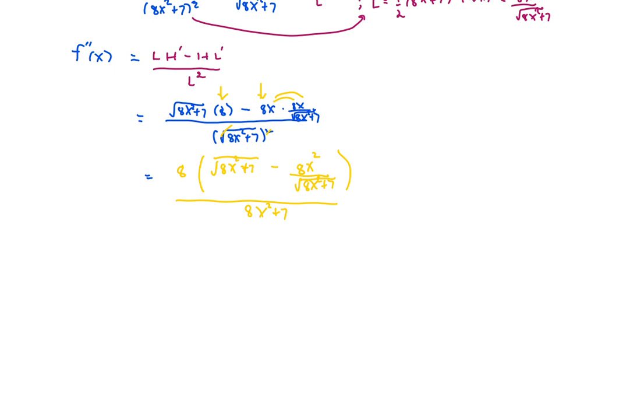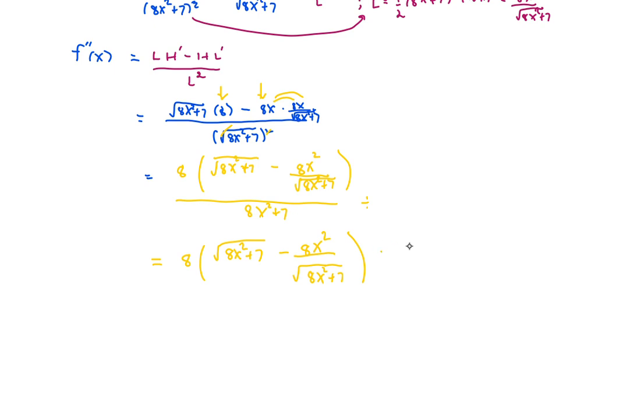Then we're going to use a property in algebra to simplify it further. When you divide, that means multiply by the reciprocal, so we write the numerator as 8 times the quantity square root of 8x squared plus 7 subtracted by 8x squared divided by the square root of 8x squared plus 7.